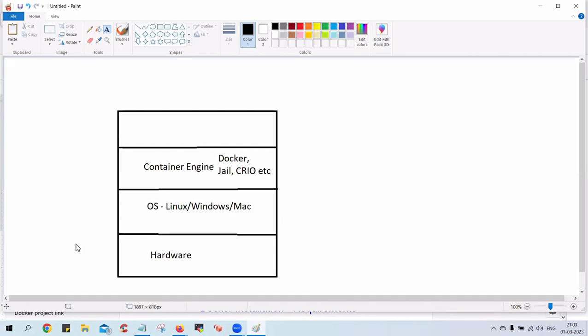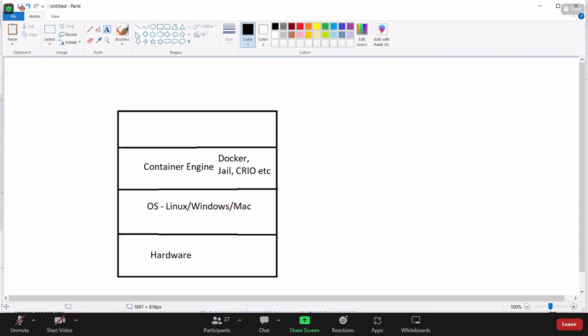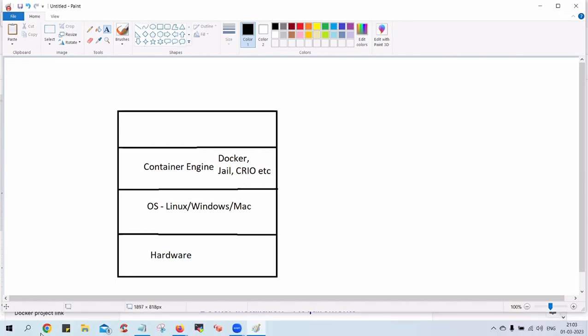You are learning Docker, so in simple words, can I say I'm using the Docker engine? We're not planning to learn Jail or CRIO. We're planning to learn Docker. That is how you need to say it.